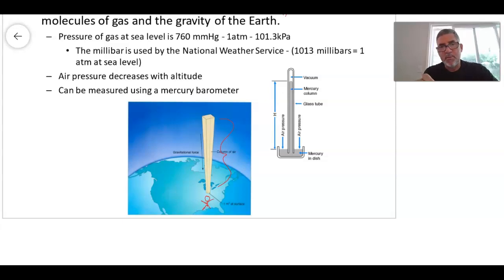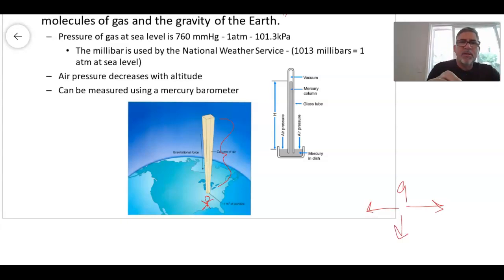It's actually pretty significant, I think about 12 pounds per square inch. That air pressure is due to mass, and at any point in the atmosphere it is in all directions because the molecules are moving in all directions.